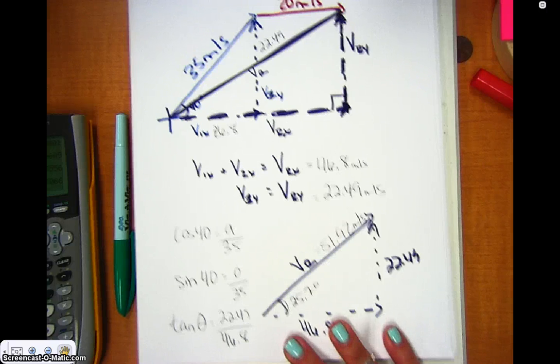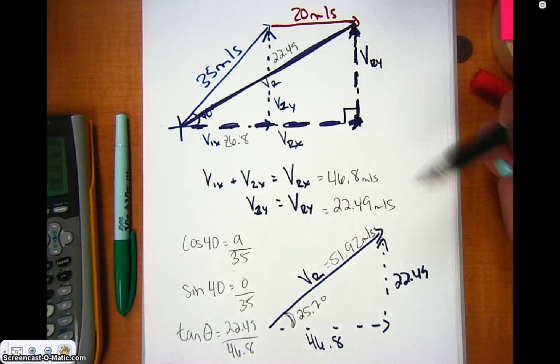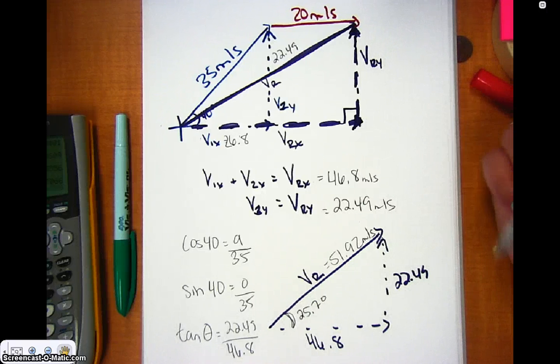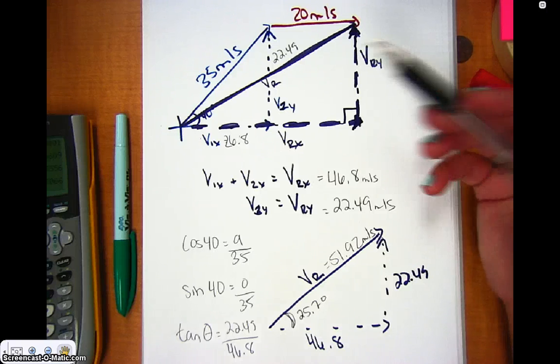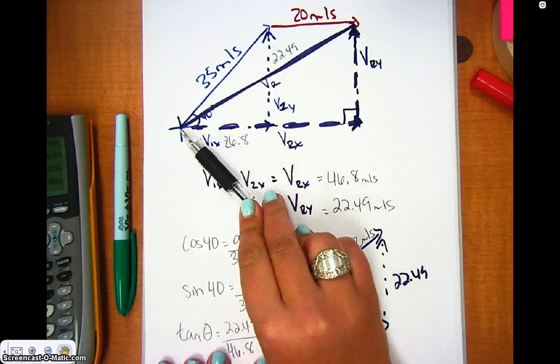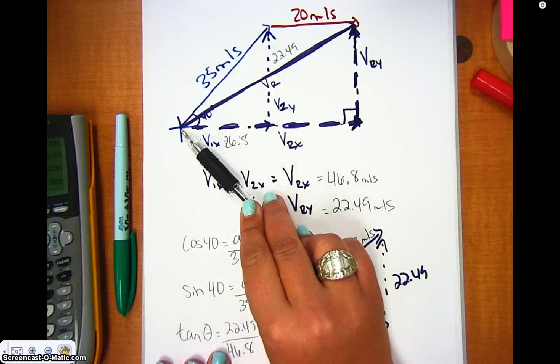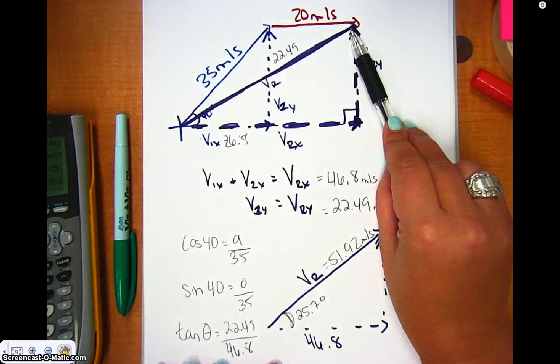Okay, so let's review what we need to do in order to perform what is called vector addition for something that is in 2 dimensions. We start by using our tail to tip method, placing our vectors tail to tip, and then placing our resultant vector at the tail of the first and pointing it towards the tip of the last.